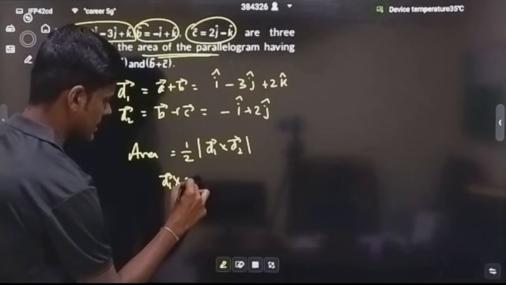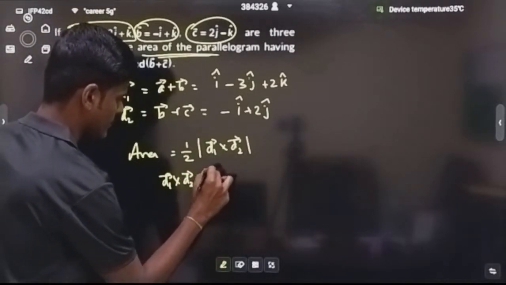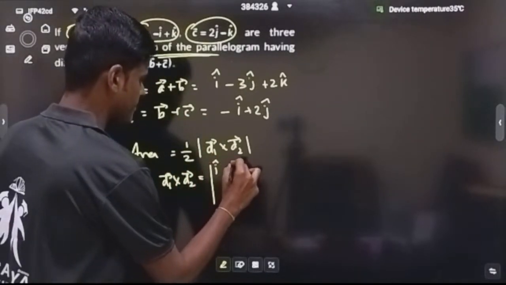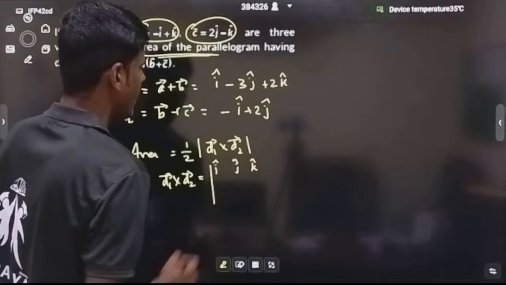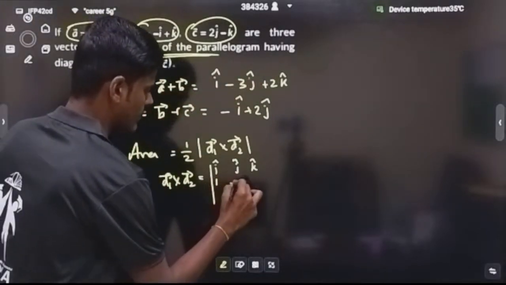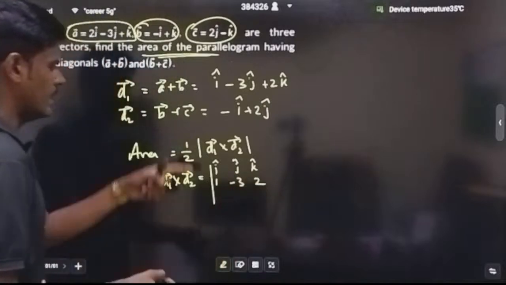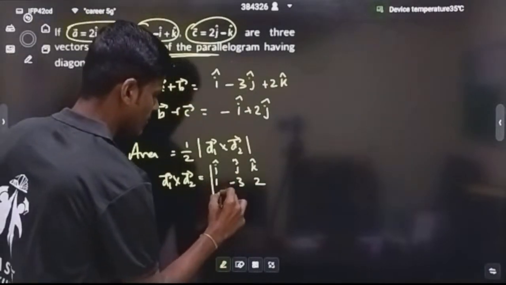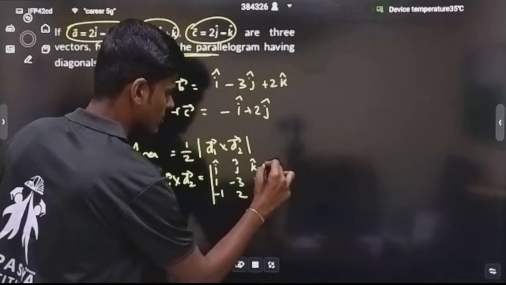D1 vector cross D2 vector is given by the determinant of i cap, j cap and k cap; D1 is 1, minus 3, 2, and D2 is minus 1, 2, 0.